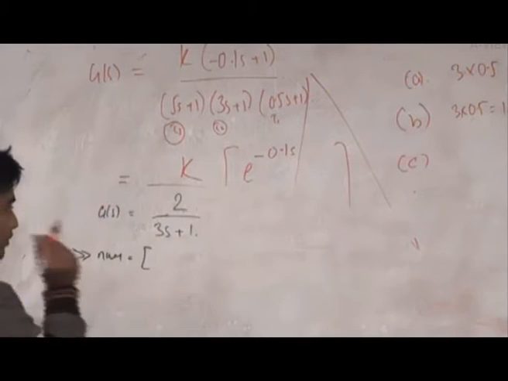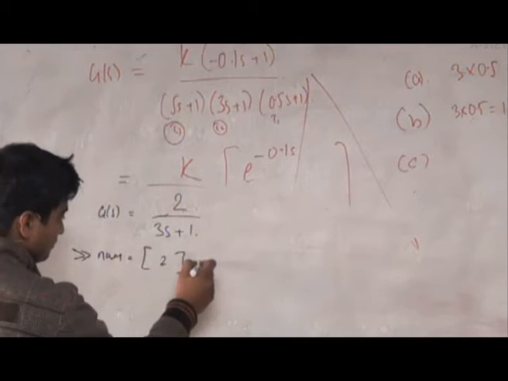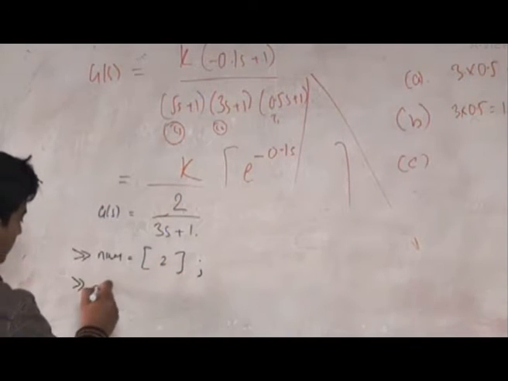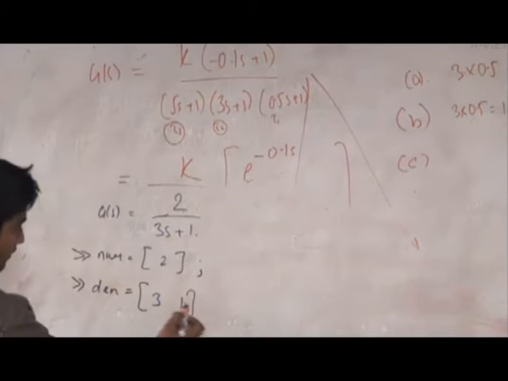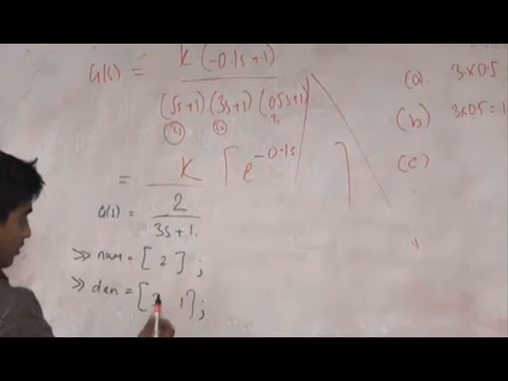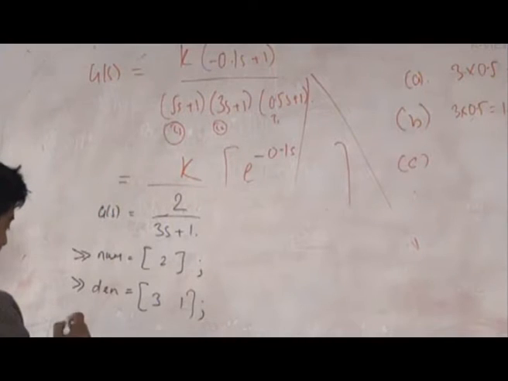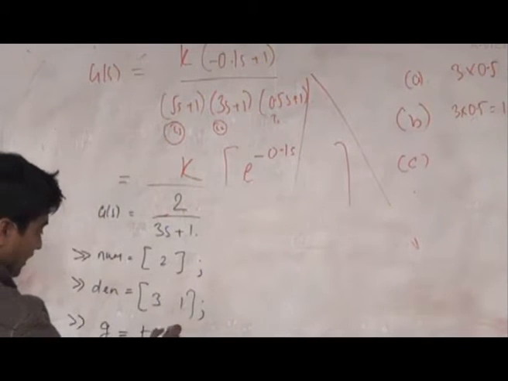I take the numerator polynomial and denominator polynomial separately. Everything you put in MATLAB is in the form of a matrix, and this defines the order, or a vector basically. And then you make a transfer function by this command called TF.